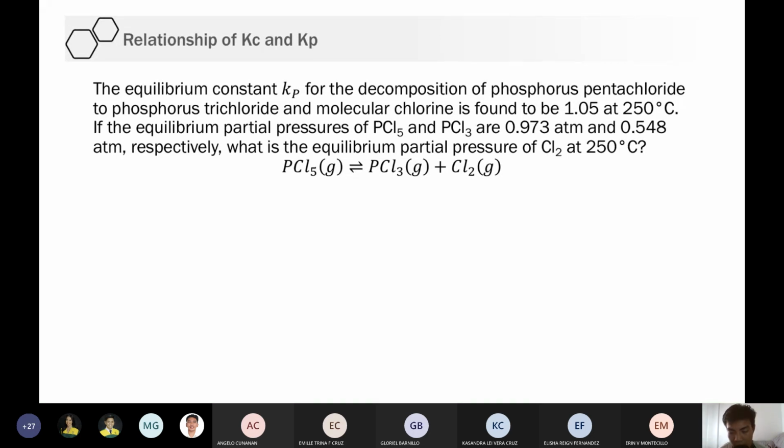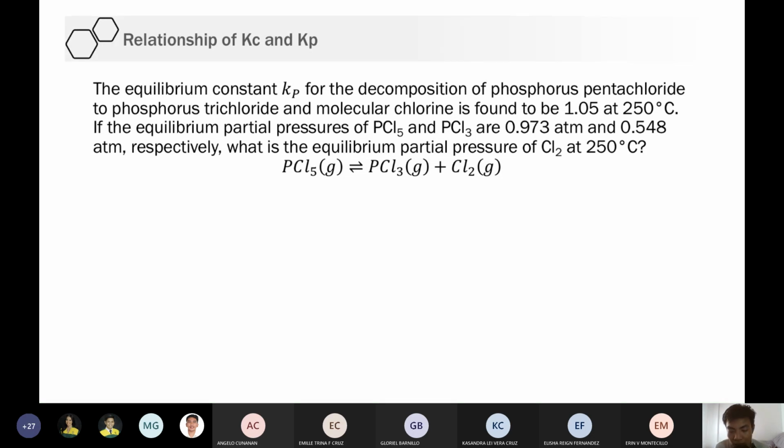The equilibrium constant for the decomposition of phosphorus pentachloride to phosphorus trichloride and molecular chlorine is found to be 1.05 at 250 degrees Celsius.